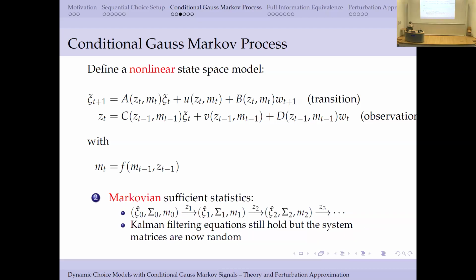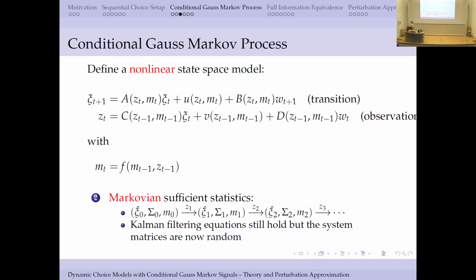In addition, because of this particular structure with these M variables, the sufficient statistics for these conditional Gaussians, the conditional mean and the conditional variance, when we add to them this M statistic, now form a Markovian sequence. So a sequence of conditional means, conditional variances, and M's is now Markovian in the sense that if I want to calculate it at time t, the only thing that I need is Z_t and the lagged values.